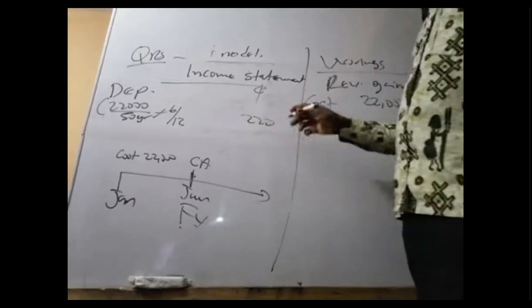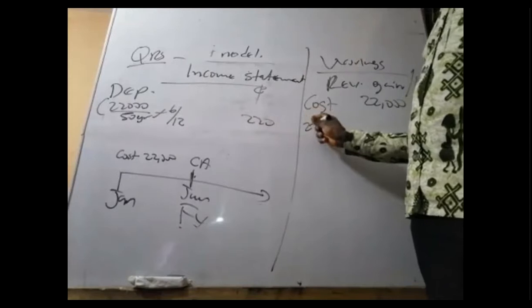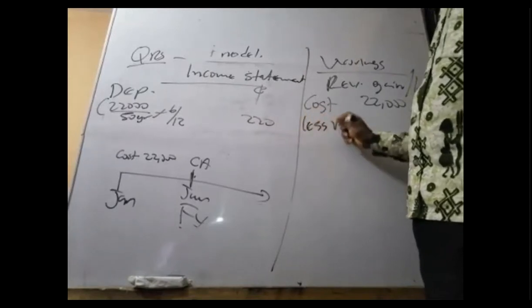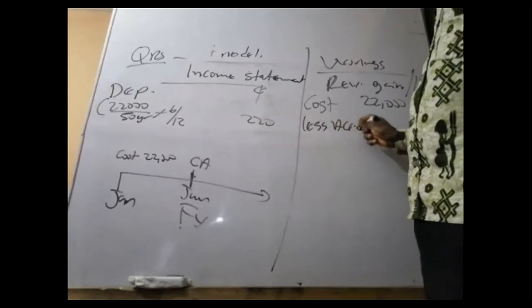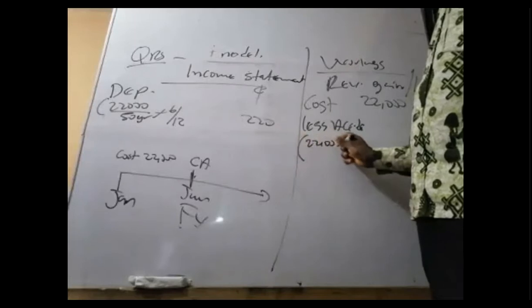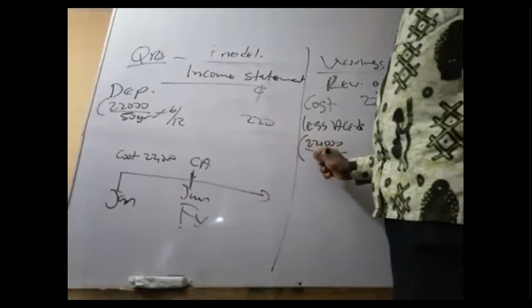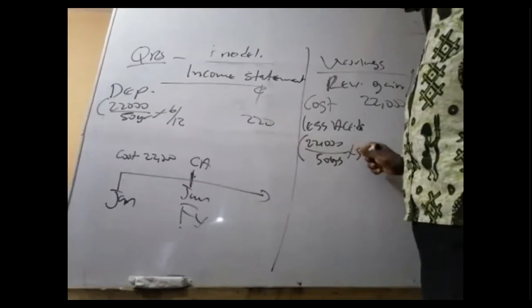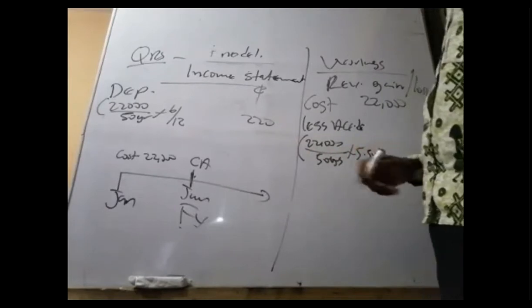If a full year is 440, 5 years will be what? The cost of 22,000 less accumulated depreciation. Open a bracket: 22,000 divided by 50 years, times 5.5 years.